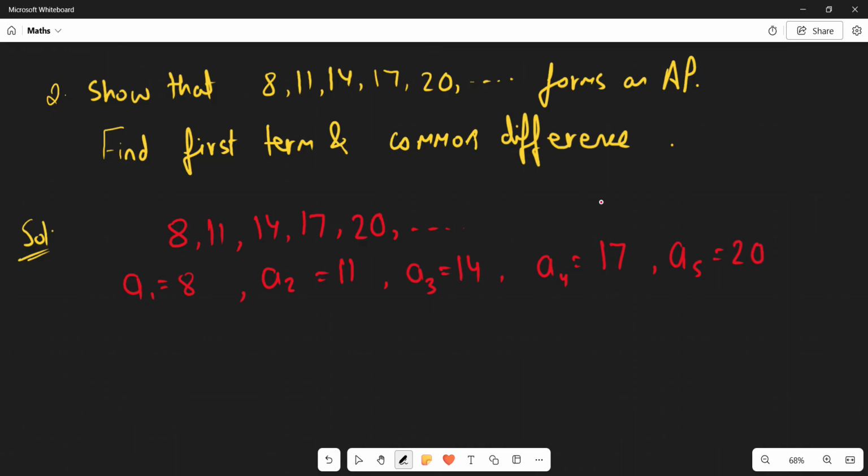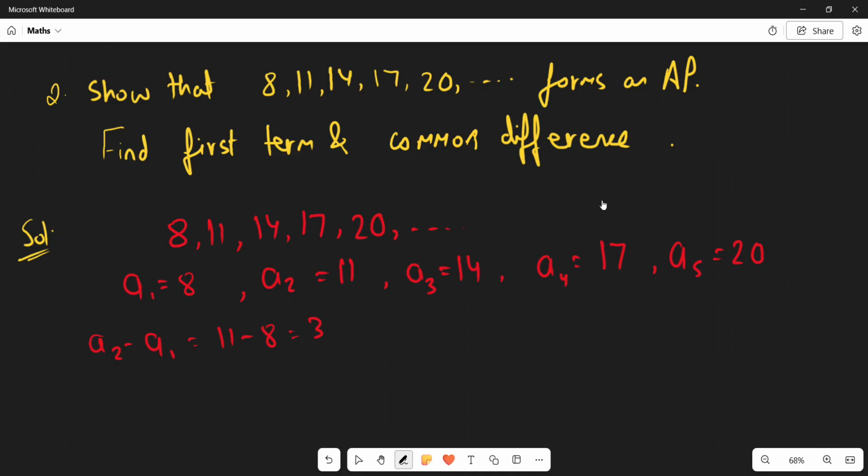So in order to show that it is forming an AP, I will find out the difference of the consecutive terms, the successive term minus the preceding term. That's what I need to do for all of them, for all the distinct pairs. So first A2 minus A1. This will give me 11 minus 8, which is equal to 3.